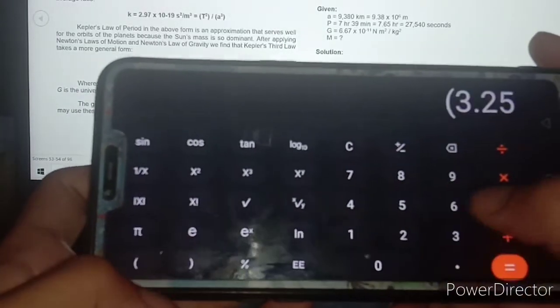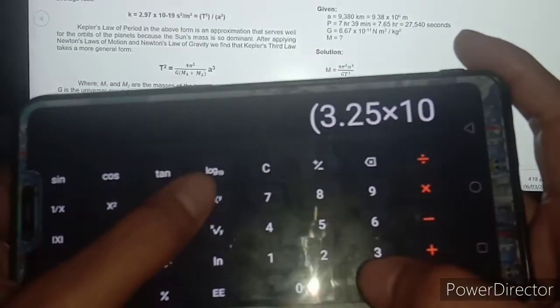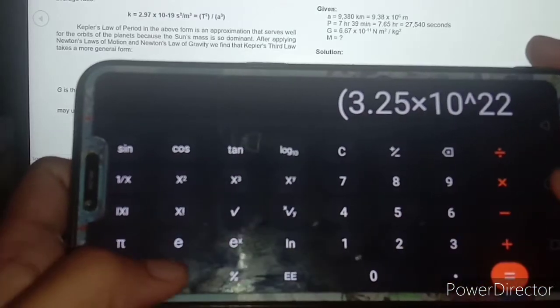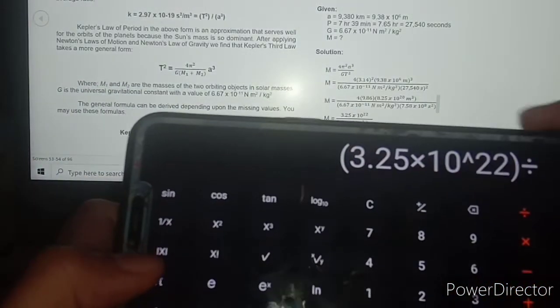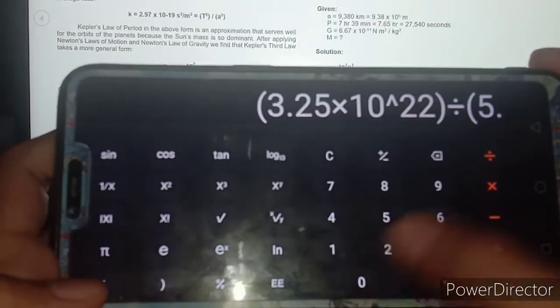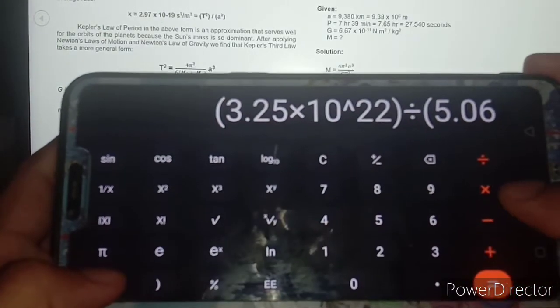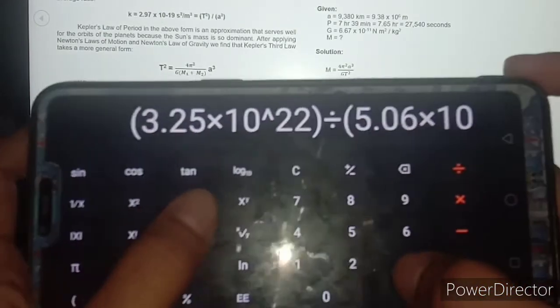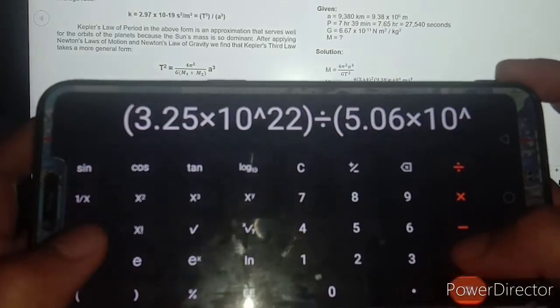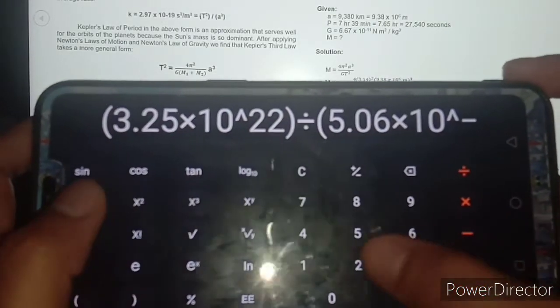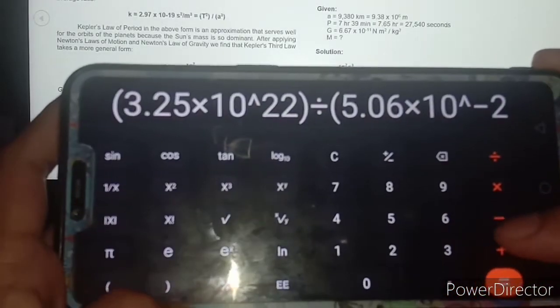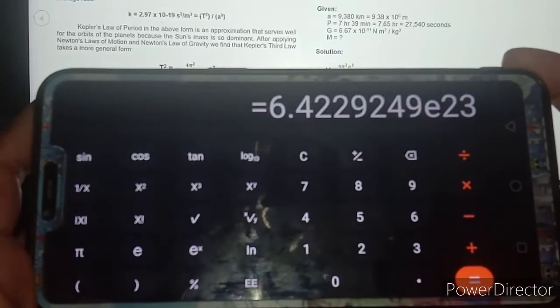So, we have 3.25 times 10 raised to 22 divided by 5.06 times 10 raised to negative 2, close parenthesis, and then equal sign.